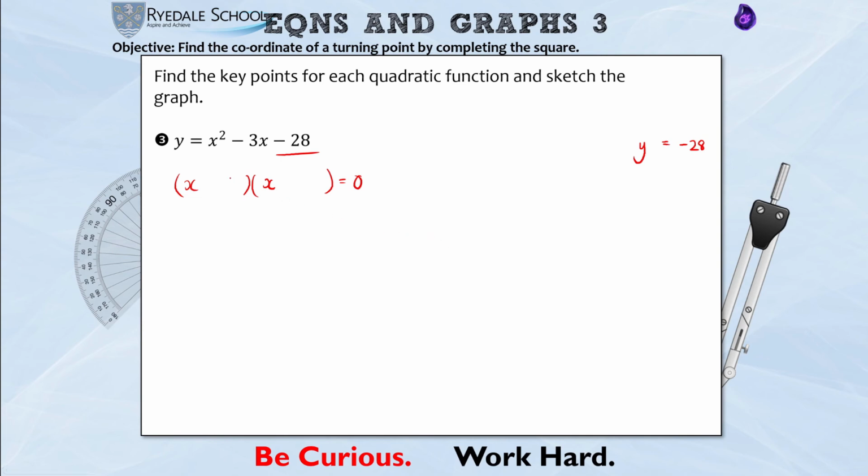Looks to me like this one is going to be 7 and 4, because 7 and 4 have a difference of 3. The signs are different. It is -7 and +4. So either x take away 7 equals 0, or x plus 4 equals 0. So my two answers are x equals 7 and x equals -4. I'll just jot those over there.